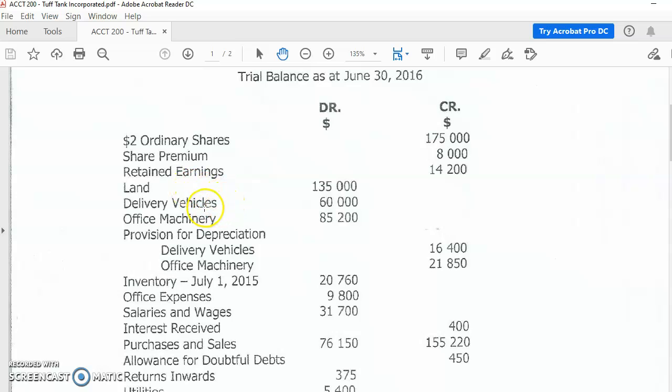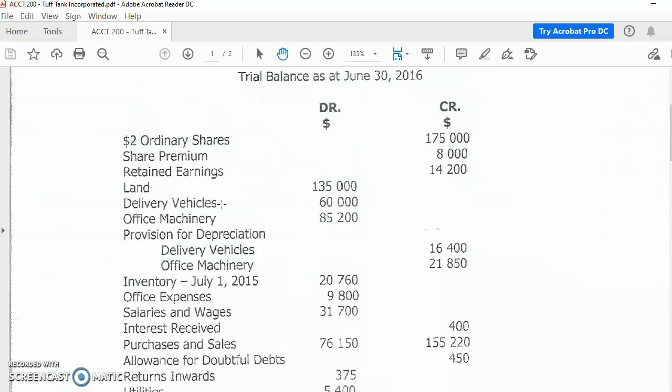When we look at our non-current assets, we have delivery vehicles, and we have office machinery. Because these are delivery vehicles, this is not an administrative expense, but it's associated with sales because you want to deliver the items to the customer.